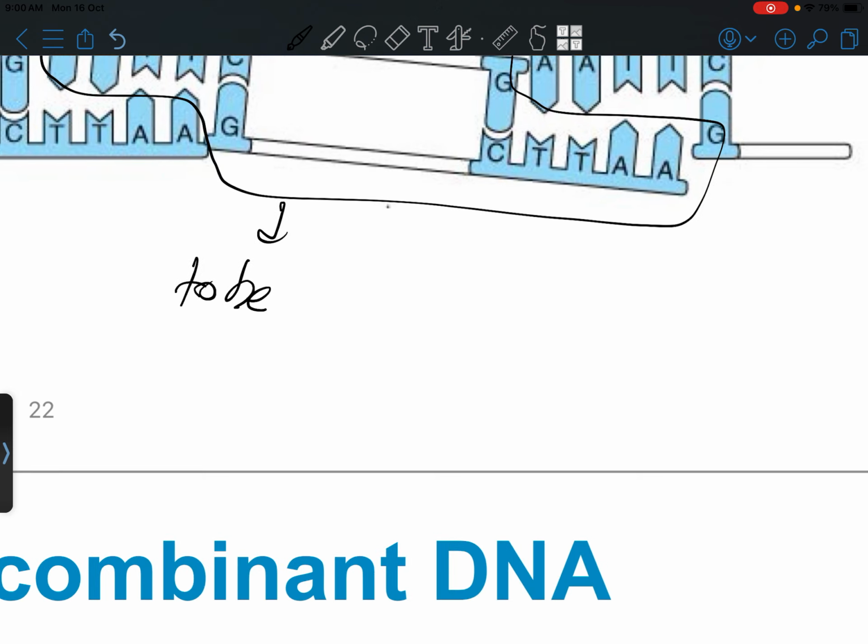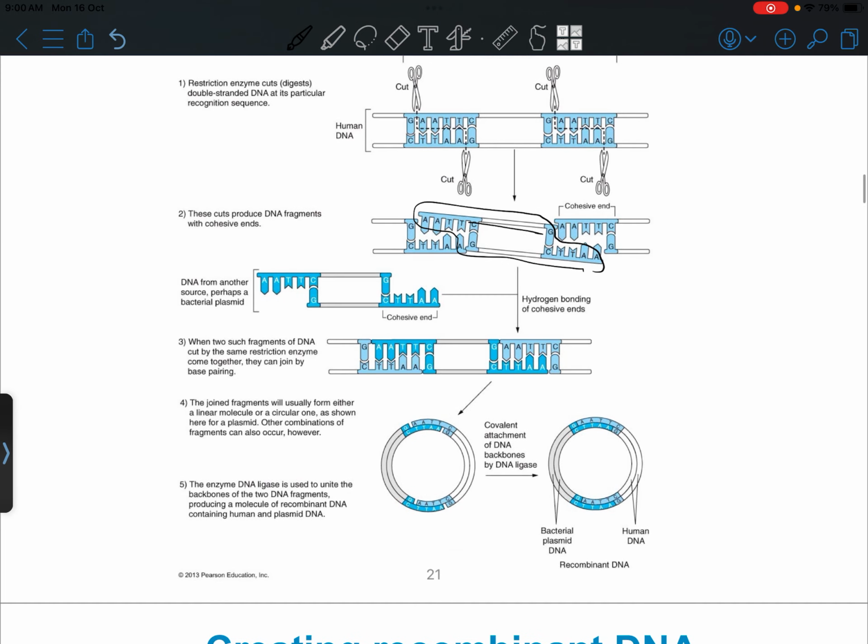But also, we have to cut the plasmid with the same restriction enzyme.